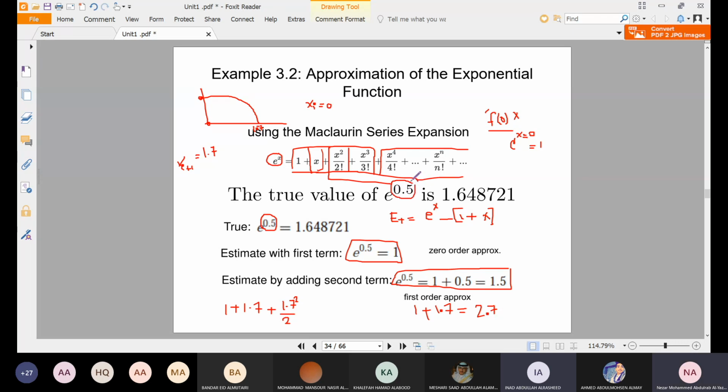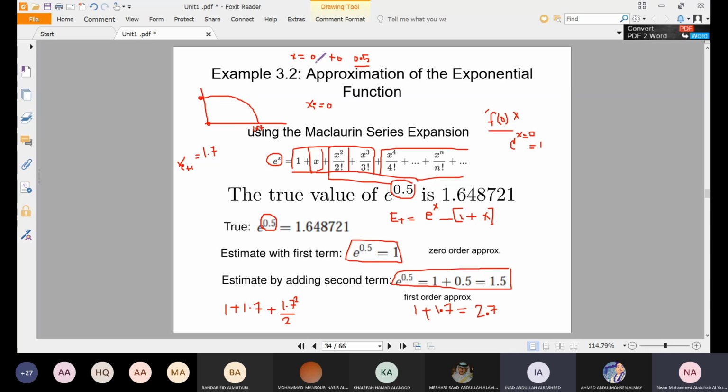The question is to estimate the value of the function when x equals 0.5. This is from the question. For example, the question tells you to start from x equals 0 to x equals 0.5. You know the value at x equals 0, or use x equals 0 to find the value at x equals 0.5.